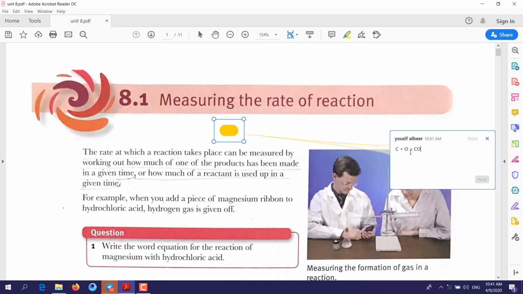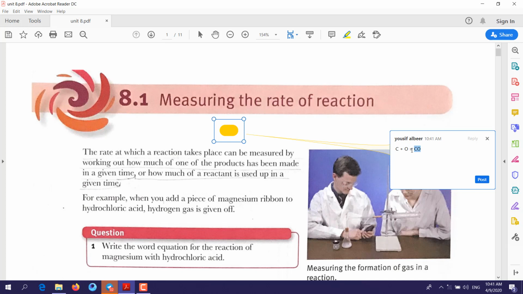This side, we call them reactants, while the substances here, we call them products.